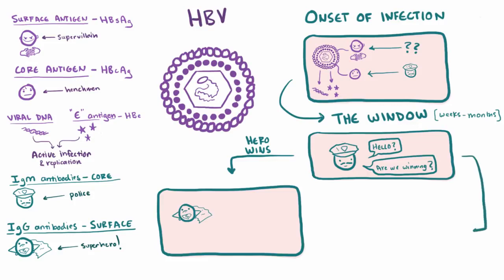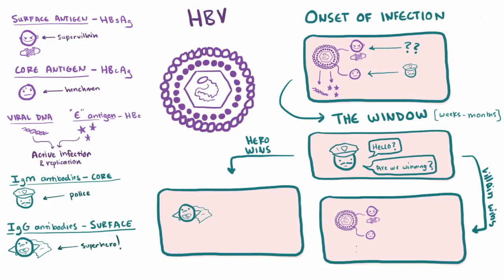The other possibility is that the supervillain wins, and surface antigens are still again detected. There may also be a presence of HBV DNA and E antigen because now it's replicating and the factory's up and running again. The main point, though, is that there will not be any IgG for surface antigens, our superhero.